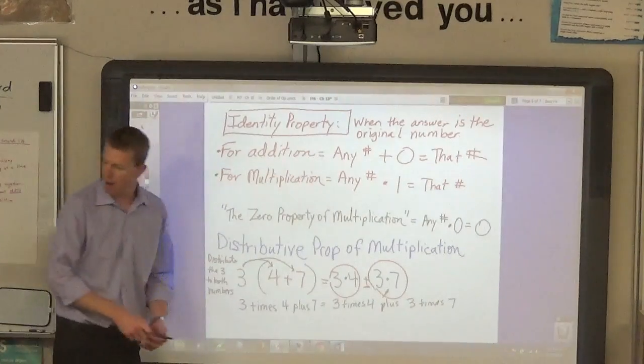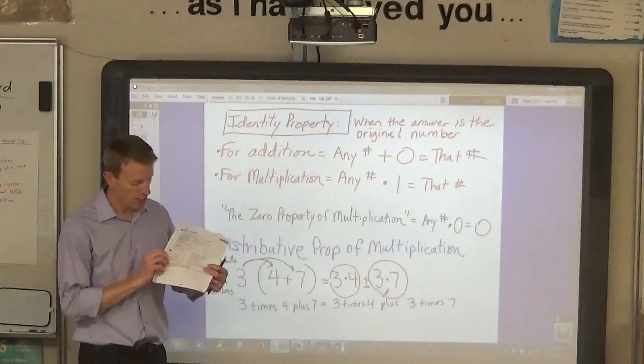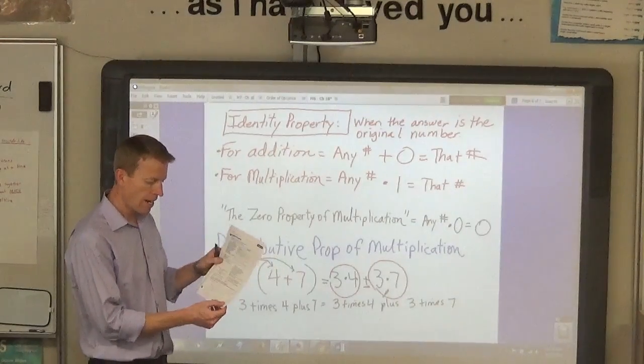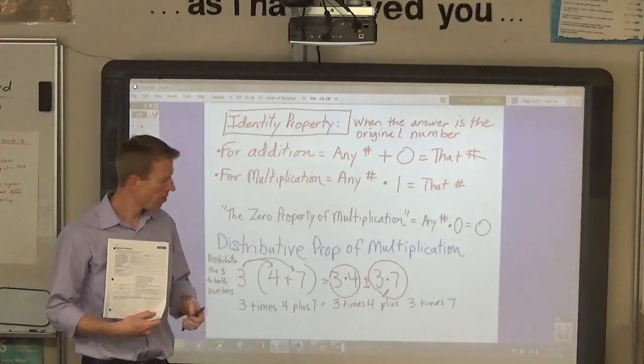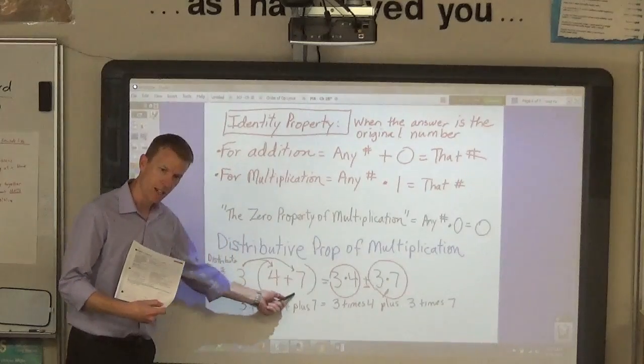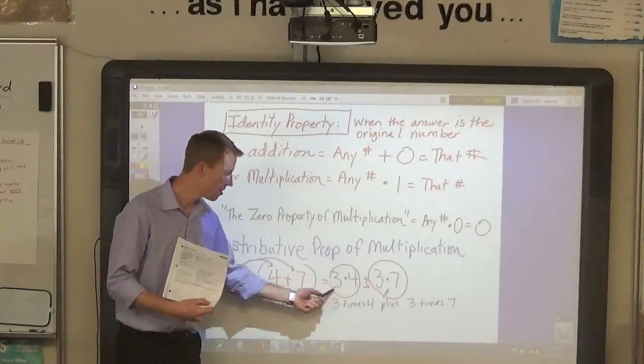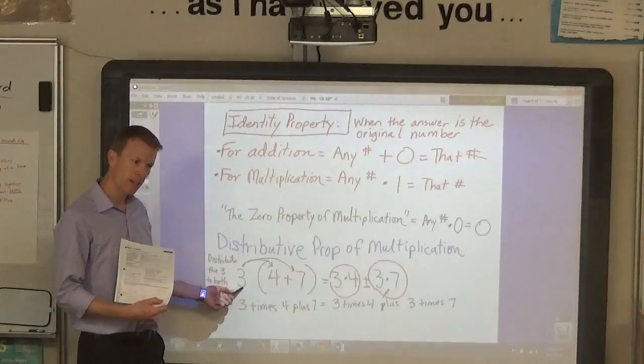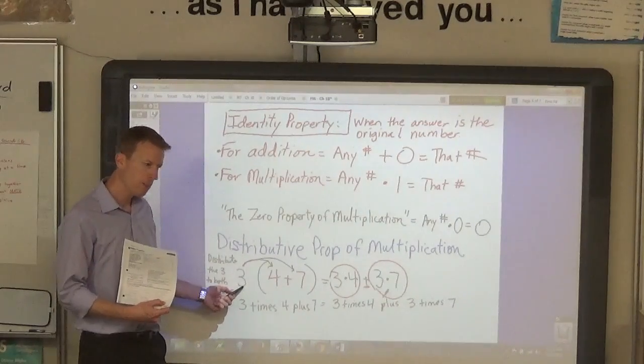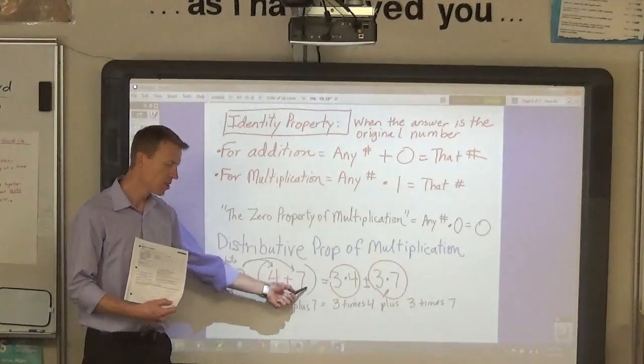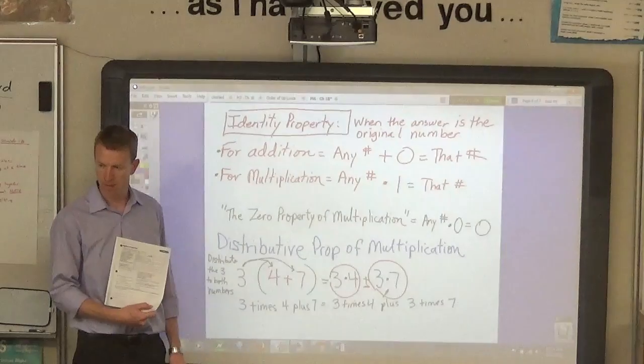So you'll see on your sheet, one side is multiplication with addition in parentheses, and the other side is this number being multiplied by each of the numbers inside parentheses.